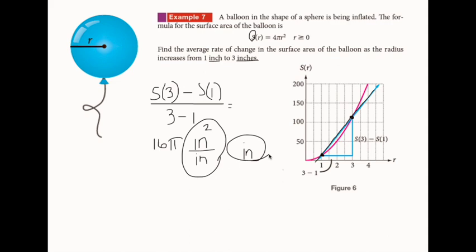So in this case, I would not simplify. I would leave it as it is, and say that the surface area in inches squared is changing with respect to the length of the radius in inches. The final interpretation would be: for every inch that the radius increases, the surface area increases by 16 pi.